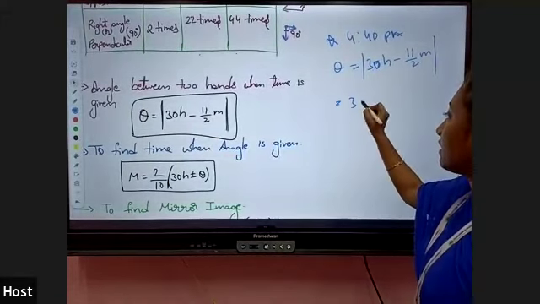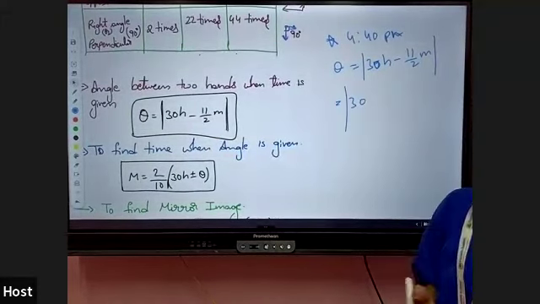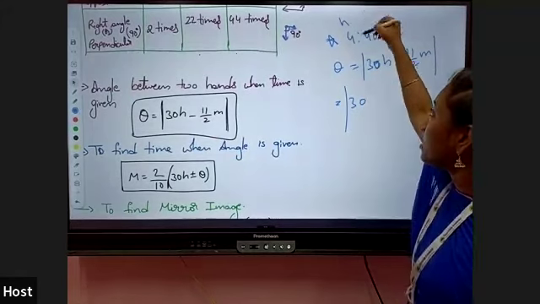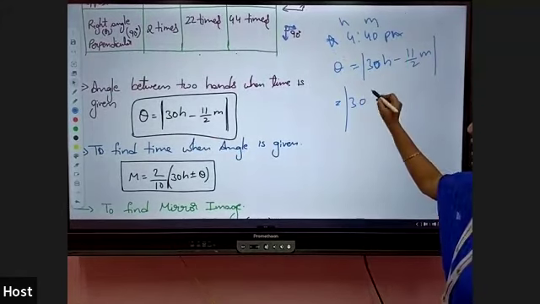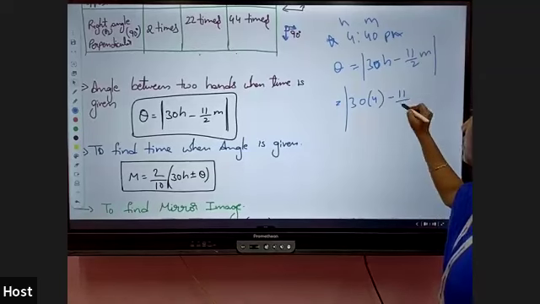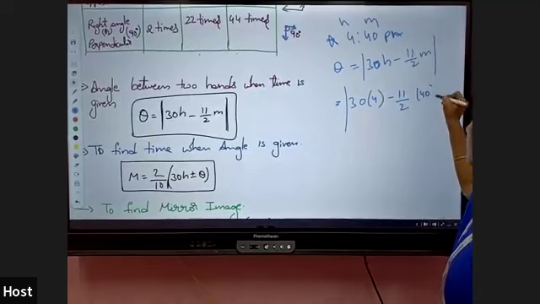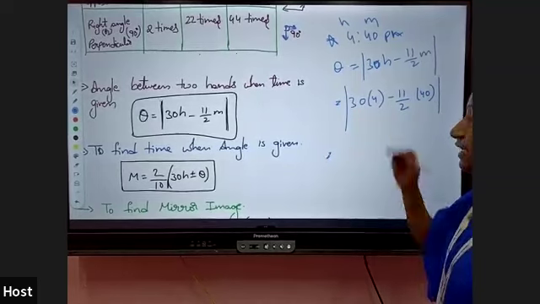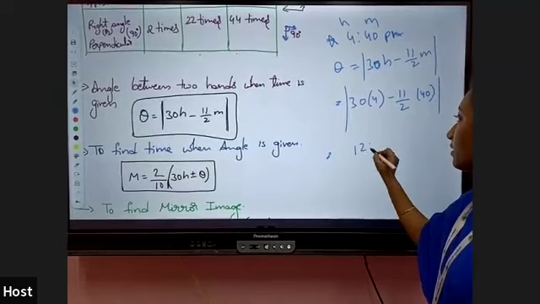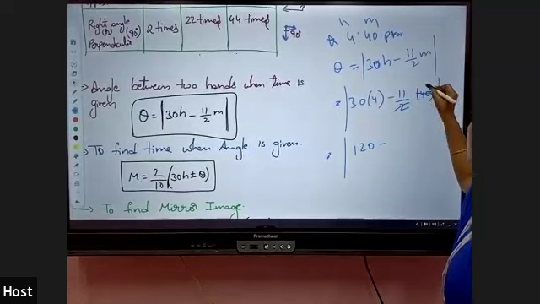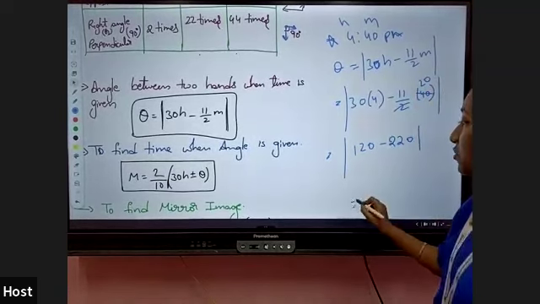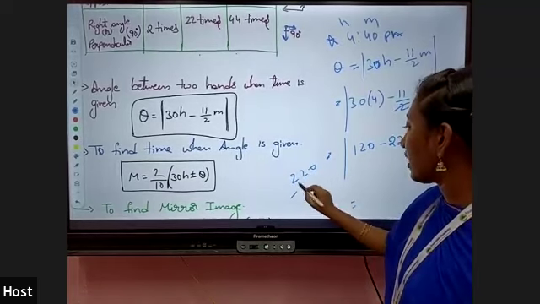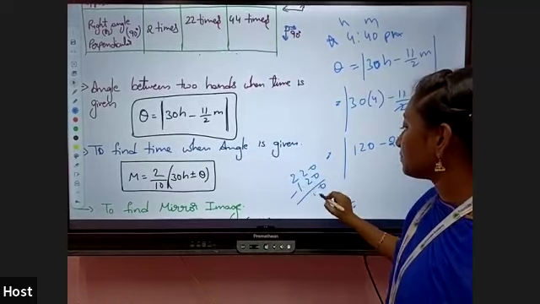H means 4, M means 40. So 30 into 4 is 120, and 11 by 2 into 40 is 11 into 20, 220. So we subtract 220 minus 120.